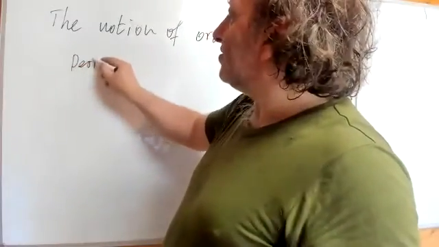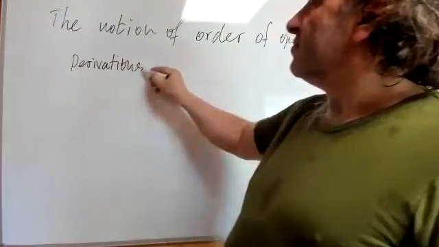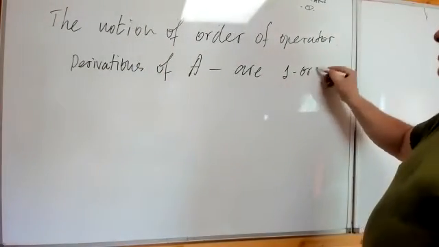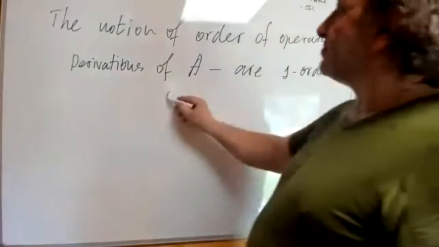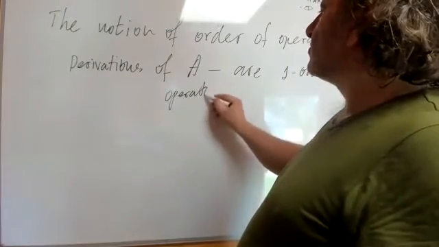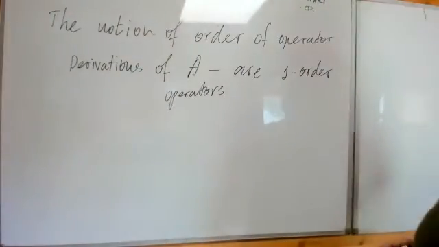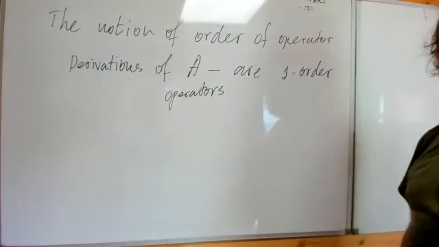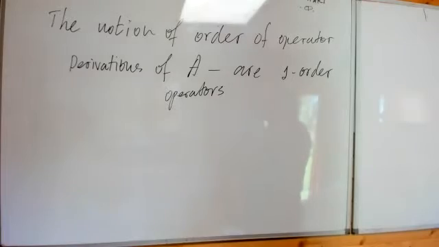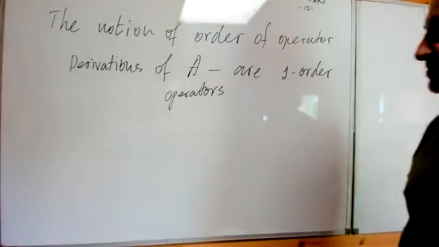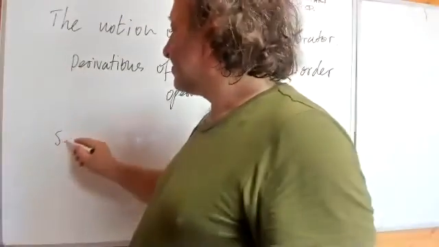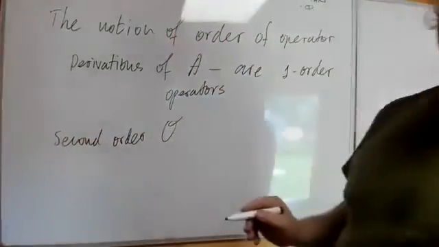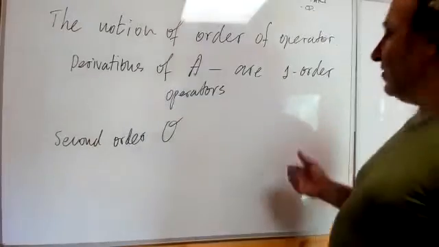Derivations of the algebra A are first order operators. Now we would like to understand what a second order operator is.